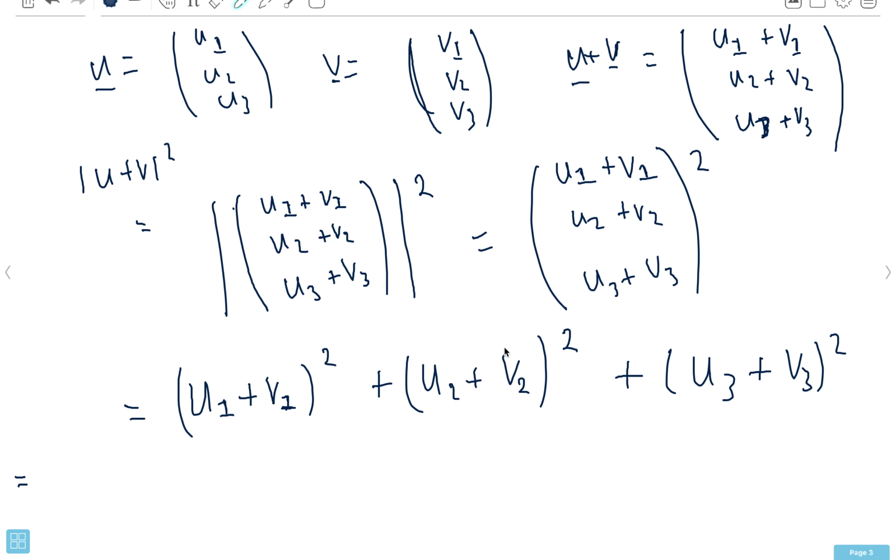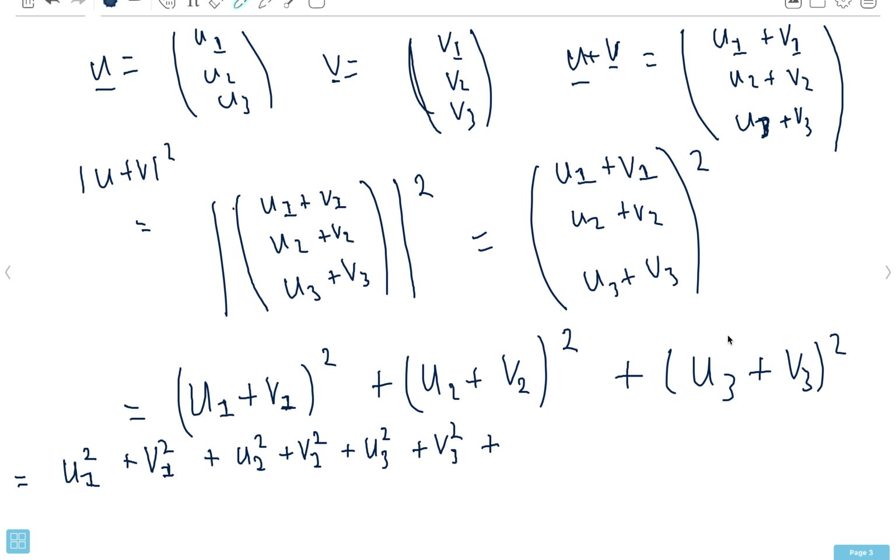And it's going to carry on, so u1 squared plus v1 squared, that's from this bracket, plus u2 squared plus v2 squared plus u3 squared plus v3 squared.